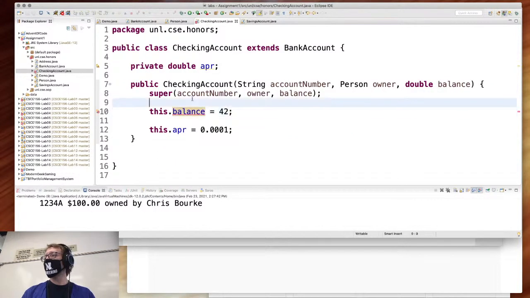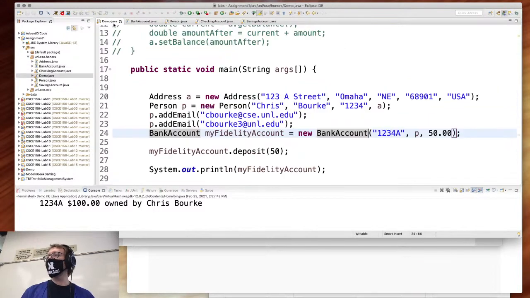Right. Get rid of this. Yeah, over here in demo, I'm still able to make a generic bank account. Yeah, go ahead. What is the better practice? Is it like using getters or? Good question. The best practice is to limit the scope of variables as much as possible until you absolutely have to, right?